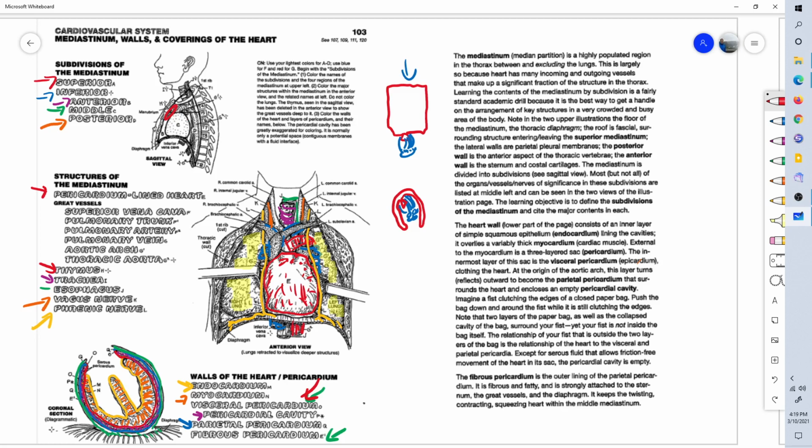What it did is just fold over and sort of envelop your hand. And in a similar way, that's what the pericardium is. That's why there are two layers. And I suppose you could say the sac was filled with fluid. Right? And we can call that the pericardial fluid, the pericardial cavity.